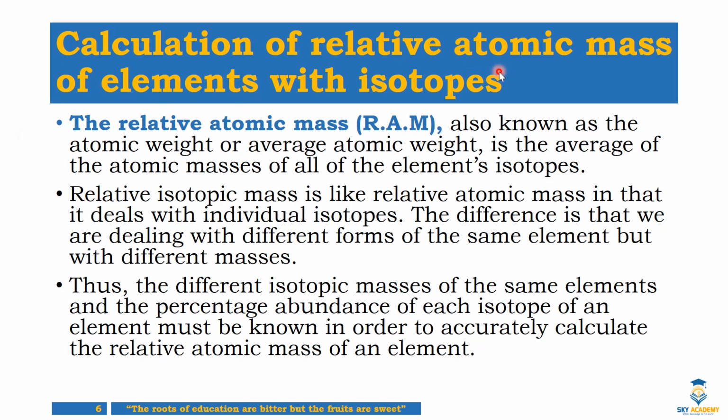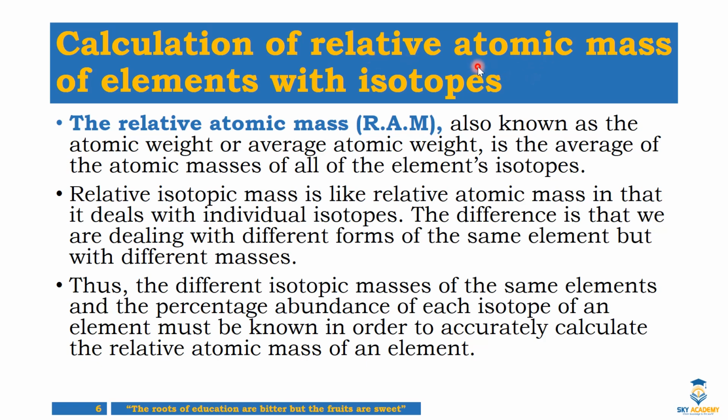Here we are going to calculate the relative atomic mass of an element with isotopes. Simply, relative atomic mass, I can say it is like an average of the atomic masses of all the element's isotopes.